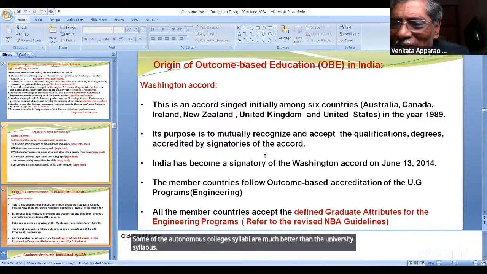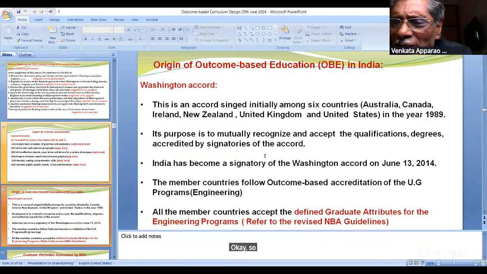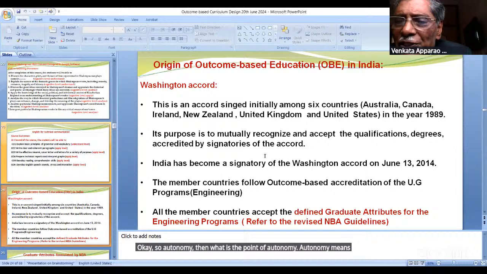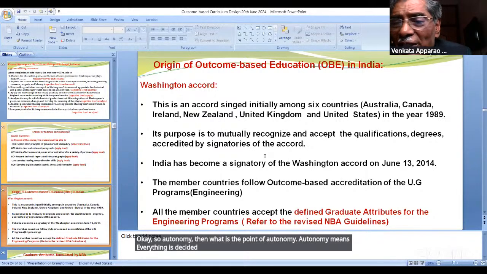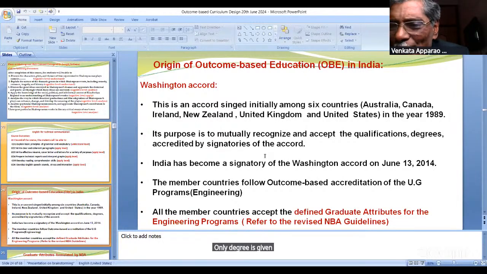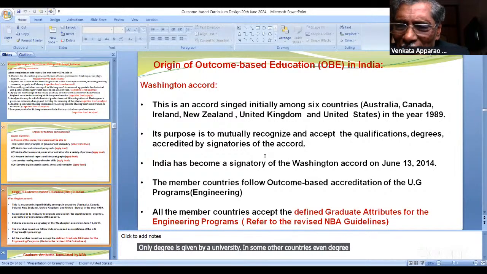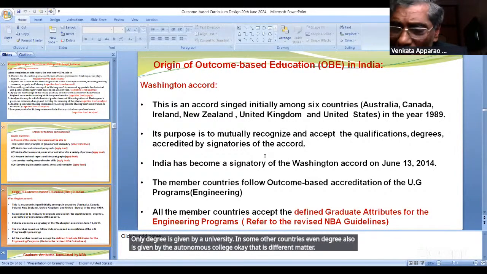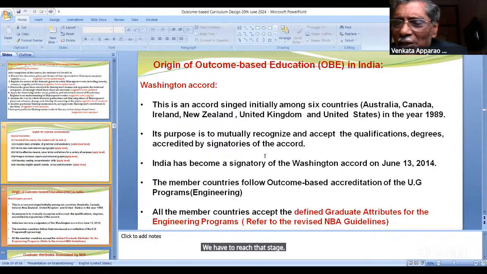Then what is the point of autonomy? Autonomy means everything is decided by the college: curriculum design, teaching, learning strategies, assessment strategies. Only the degree is given by a university. In some other countries, even the degree is given by the autonomous college. That is a different matter. We have to reach that stage, right?